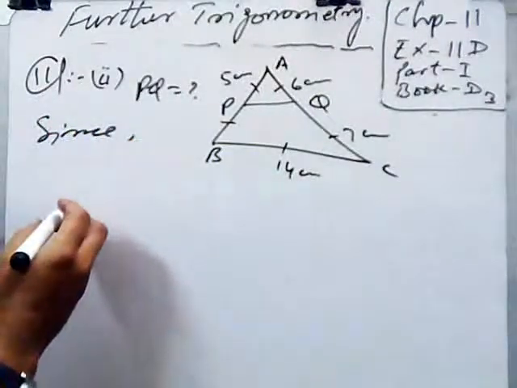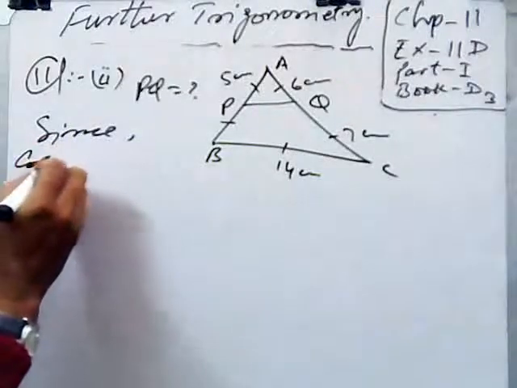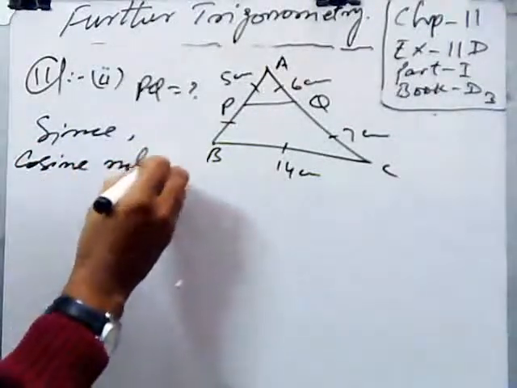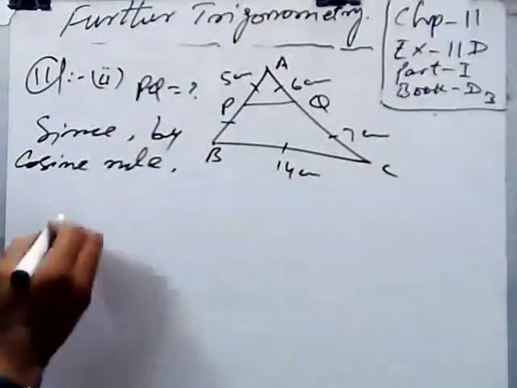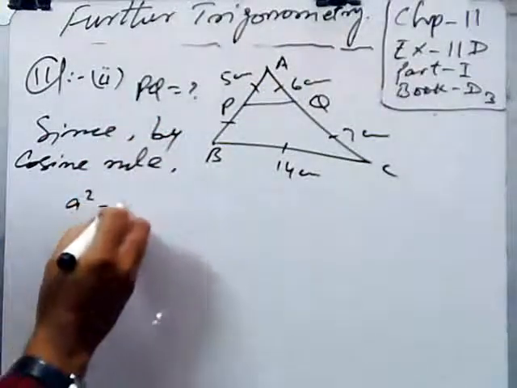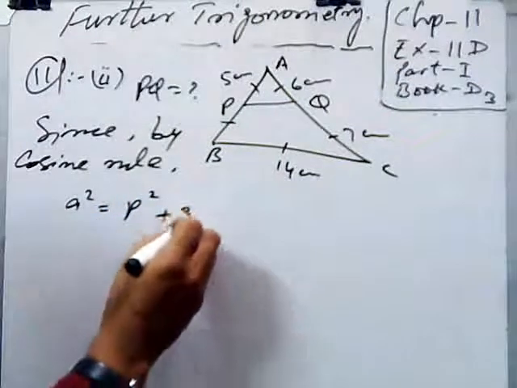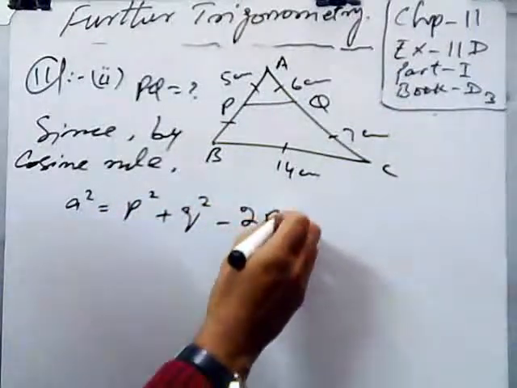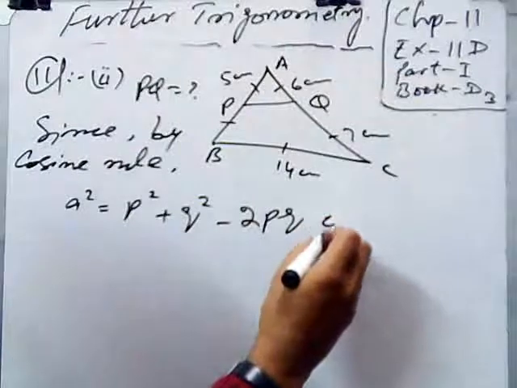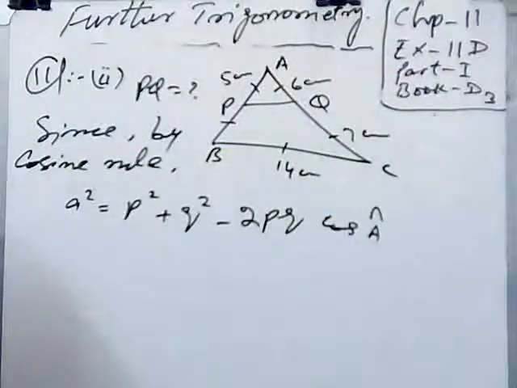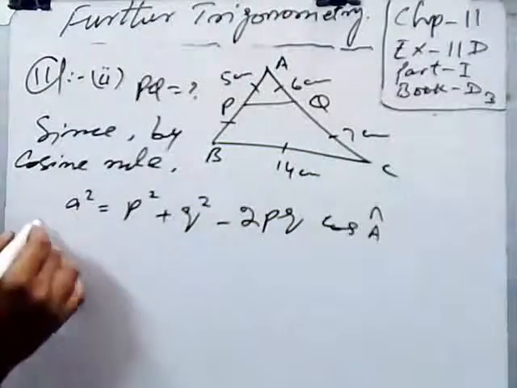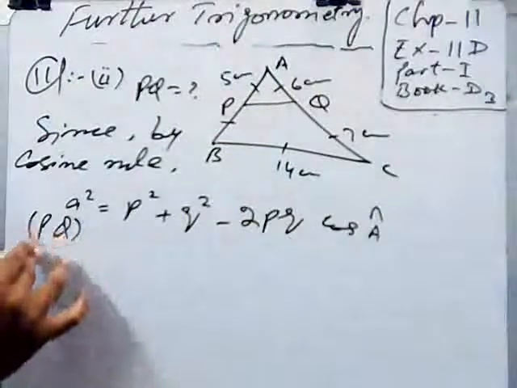By using the cosine rule, a squared is equal to b squared plus c squared minus 2bc cos A. Actually, what is PQ? Actually, the a is PQ. That's why we have written here.